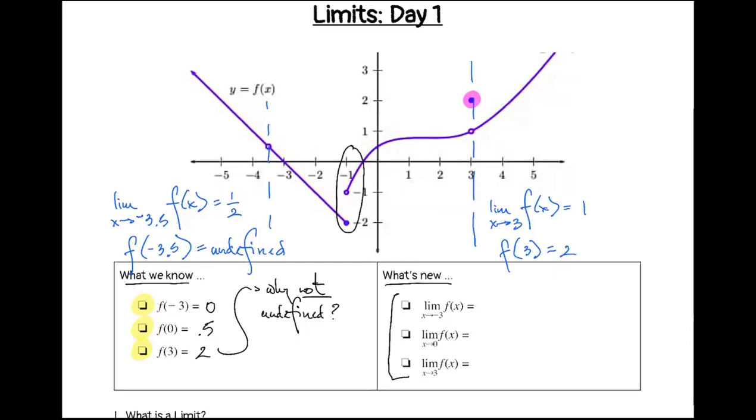All right. So let's take a look at that first question, the limit as x approaches -3. Now, based on this graph, what do we think that answer is? What is that limit as x gets really close to -3? Okay, I see a -3.5. I see a 0.